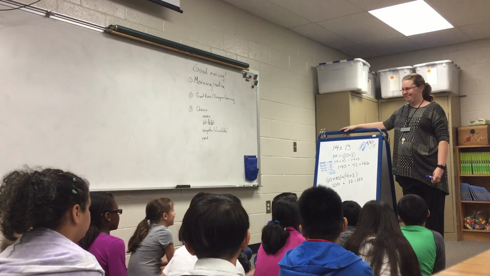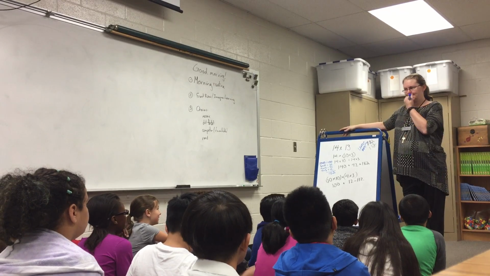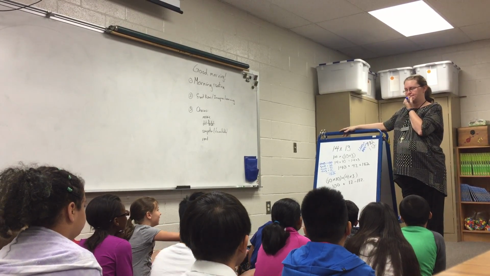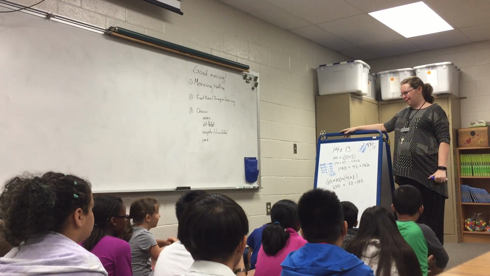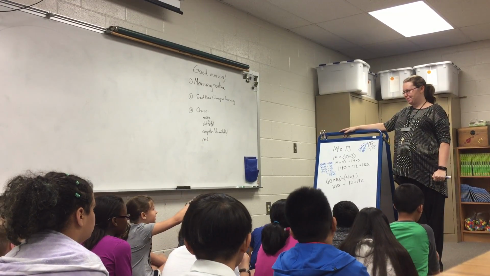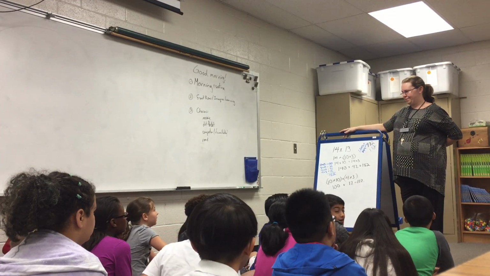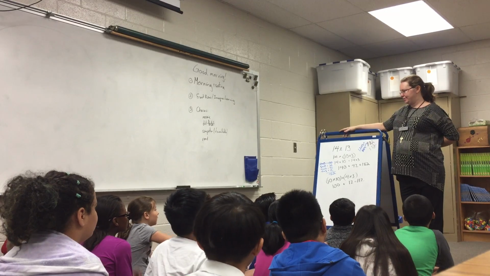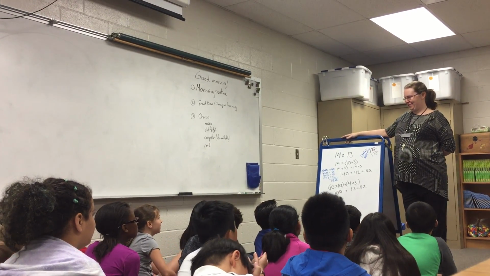Because when you use a list strategy and you multiply it by crisscross, you're actually multiplying by the whole answer. Because if each number has 2 digits, then there's 4 ways to multiply. 4 ways? 4 multiplication equations. Okay. Why?